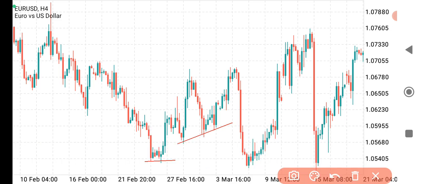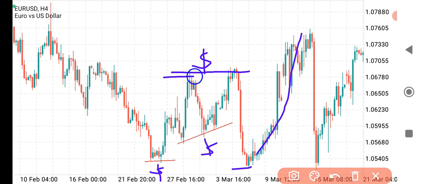The market moves from here now. Look at here too, we are having a double top, so it means there is liquidity lying here. Liquidity was lying here, it has been taken. Liquidity is lying here, it has been taken. How? Because the market moves below those levels, and then it went to the upside, clearing away the liquidity in this top.